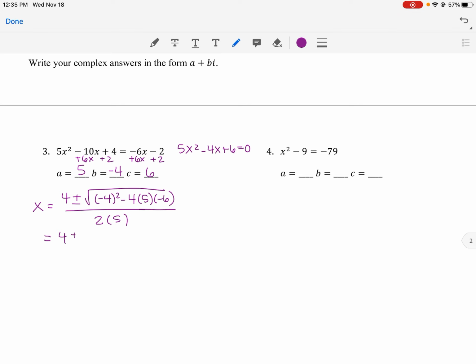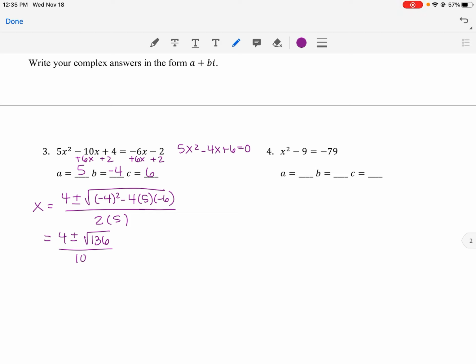So you get 4 plus or minus. When you type in what's underneath the square root, I end up getting the square root of positive 136 divided by 10.